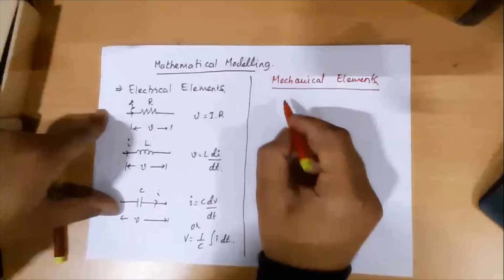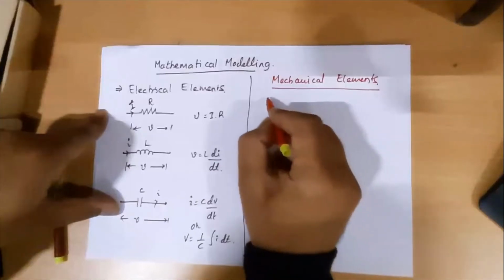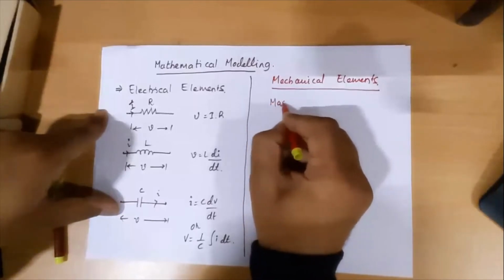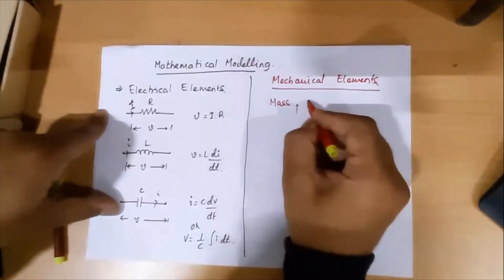Okay. So the first and foremost mechanical elementary block we can say is mass. Then what might be the other elements? Other elements that you can observe, say, in a bike is... Force.